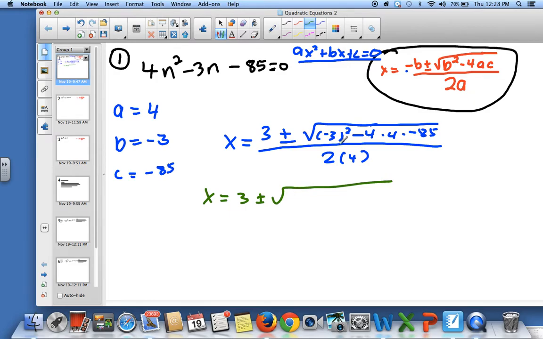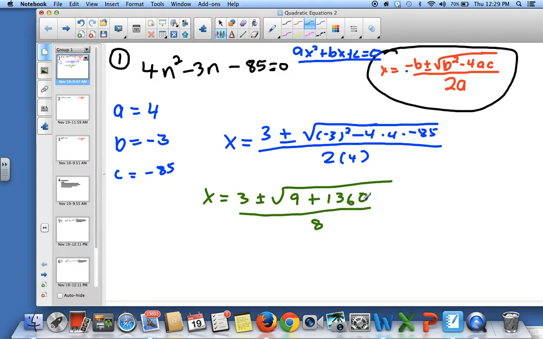If I do this in the calculator, I just type in negative 3 squared, that's 9, minus 4 times negative 85, which is 9 plus 1360, something like that, all over 8.